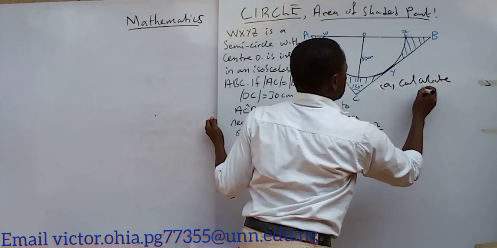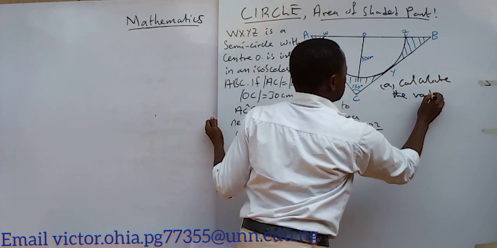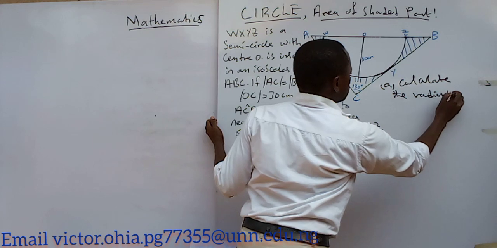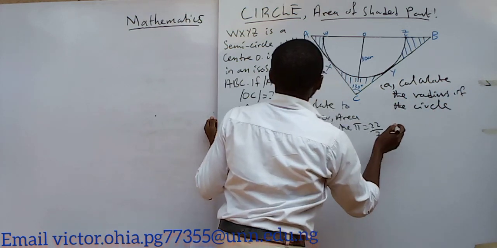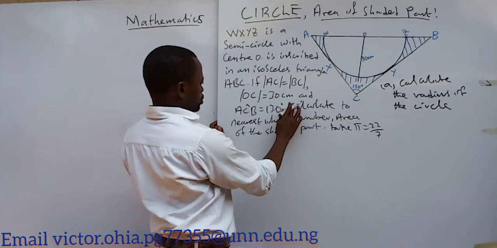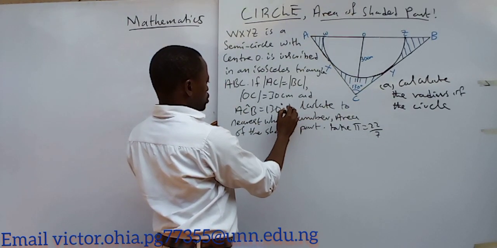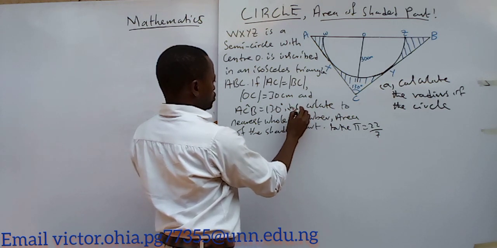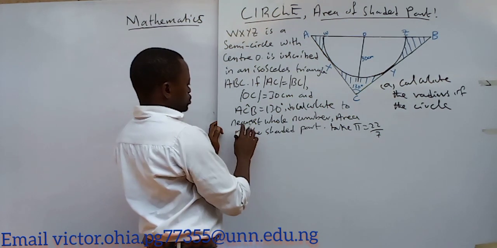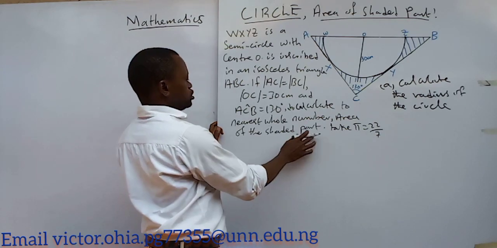Calculate the radius of the circle, and then the second, which is B here, is now to calculate, to the nearest whole number, the area of the shaded part.